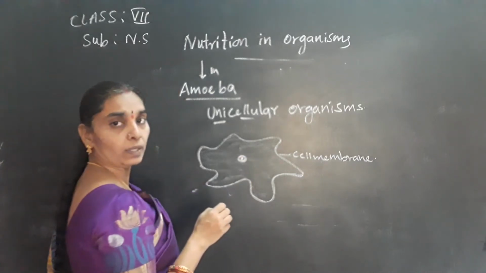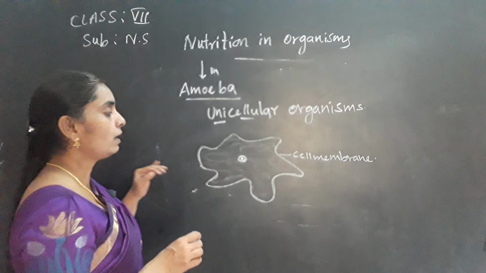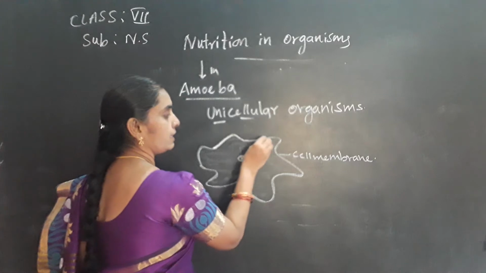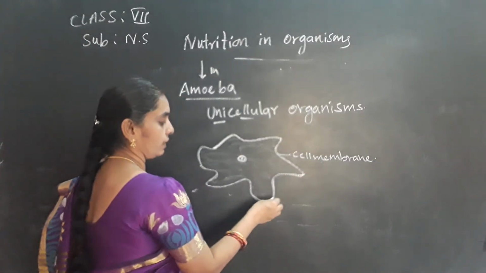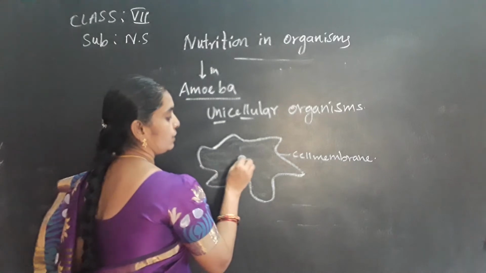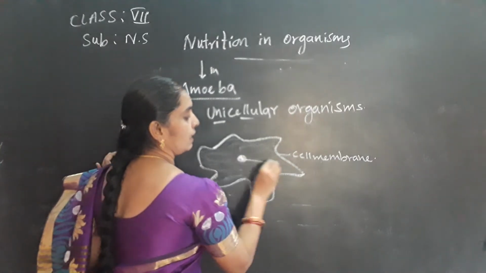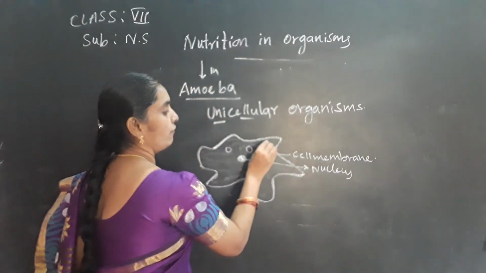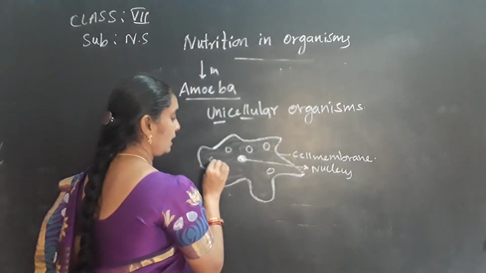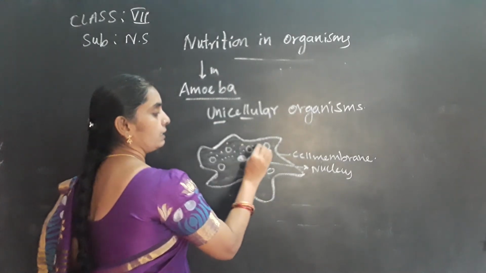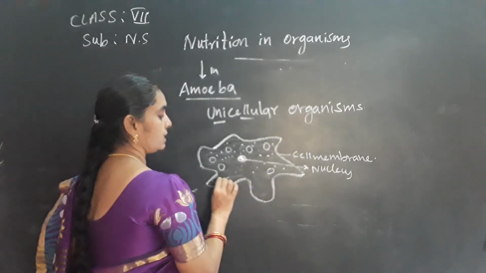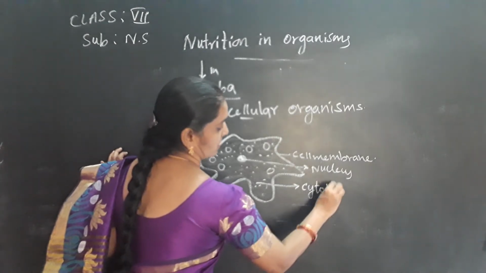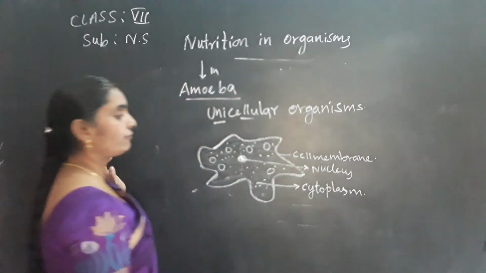The cell is the structural and functional unit of the organism, and the nucleus forms the integral part of the cell. It also contains numerous food vacuoles, and inside there is a fluid-like structure. It is called cytoplasm.